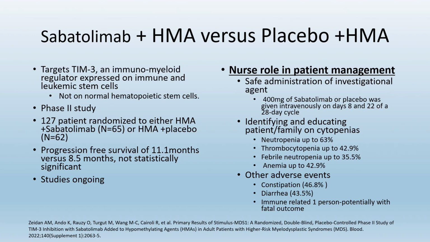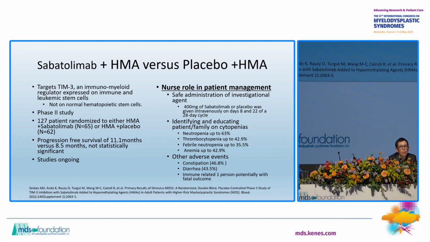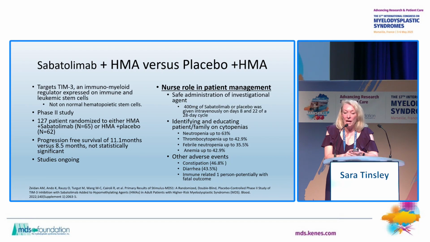And so between these two, this study was reported at the last ASH that statistical significance was not found between these two arms, although there was progression-free survival that was better with the sabatolimab in HMA, 11.1 months versus 8.5 months for placebo plus HMA, and studies are ongoing, but that did not reach statistical significance.